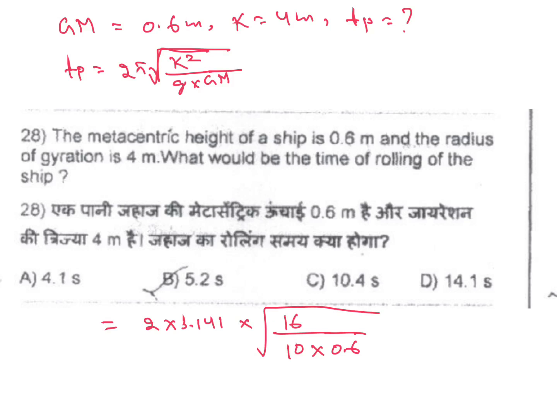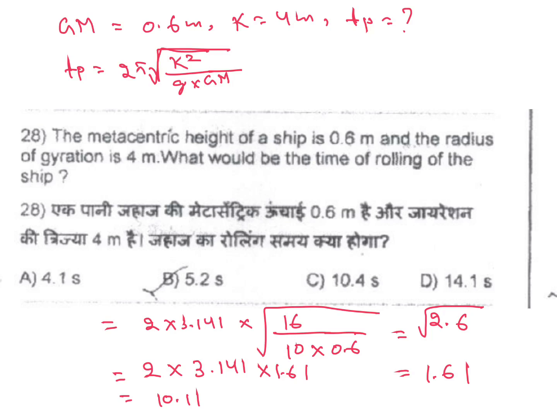So this is 16 by 6, so 2.6 root over, it will come around 1.61. 16 into 16, 256. So 1.61. So 2 into 3.141 into 1.61. So you will get around 10.11.